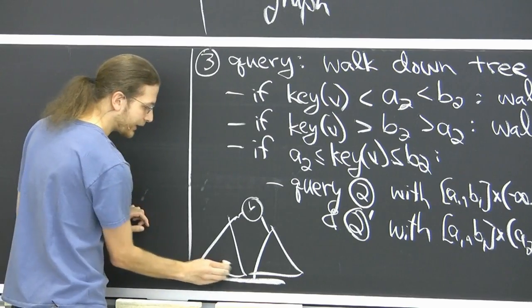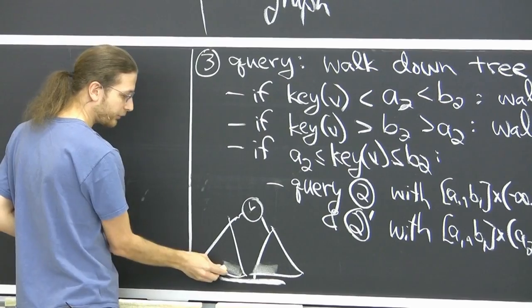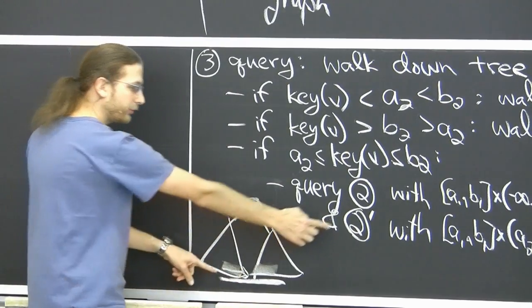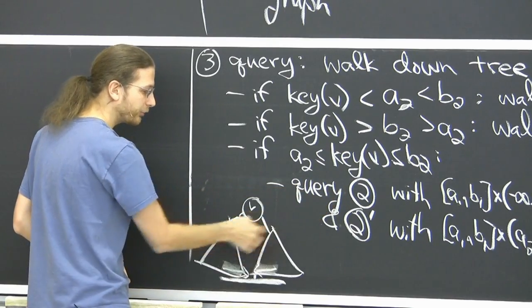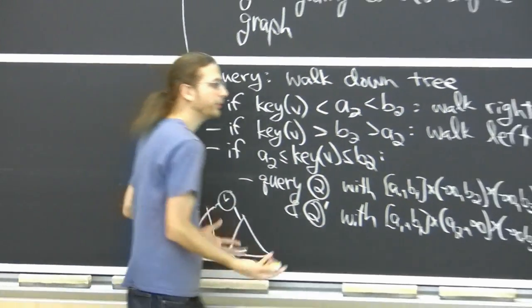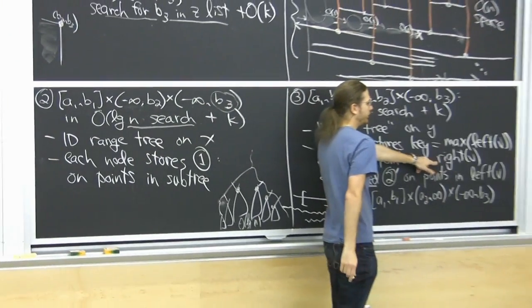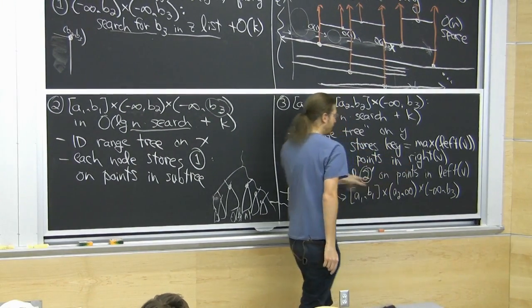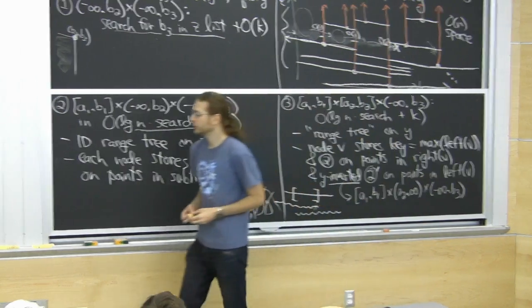And so what we'd really like is this stuff plus this stuff. Okay, that looks good, because this goes to infinity on the right. That's the 2' search. And this goes to infinity on the left. That's the 2 search. As long as you restrict to this subtree, which is what we've always been doing, and in particular here, 2 is only on the points in the right subtree. 2' is only on the points in the left subtree. And so that's it. We're golden.